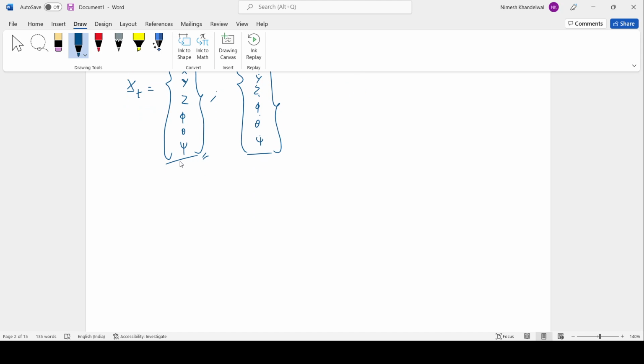Now when you use these states and try to write the equation of motion for a drone, let us say this x dot is my whole vector. What you get is an equation like this: x dot equals f of x. This f is a function of x and it is a non-linear function.